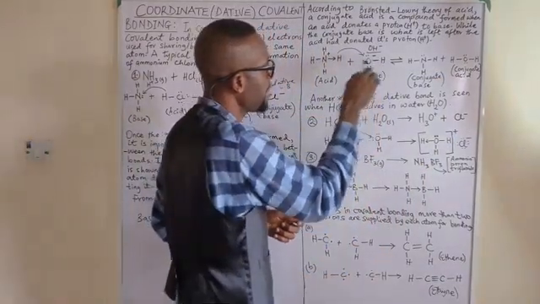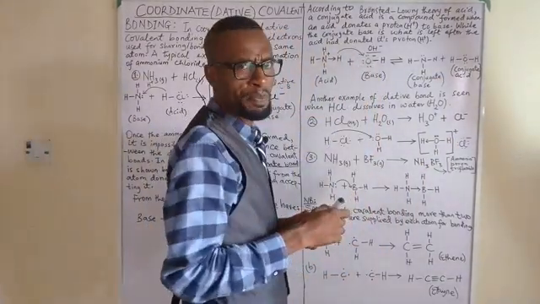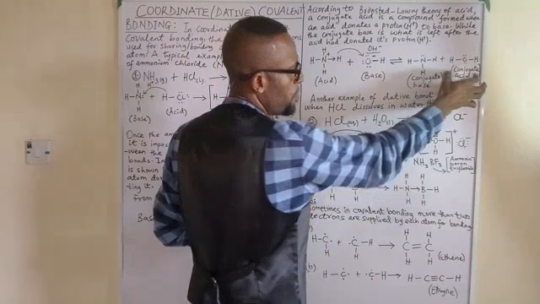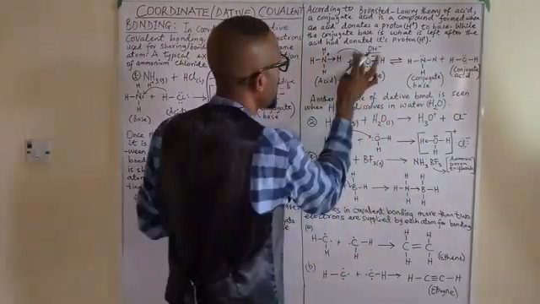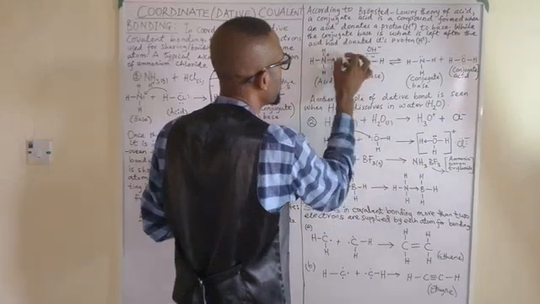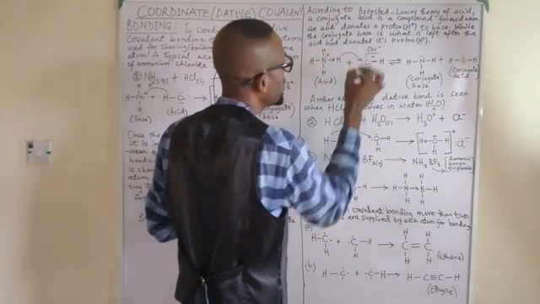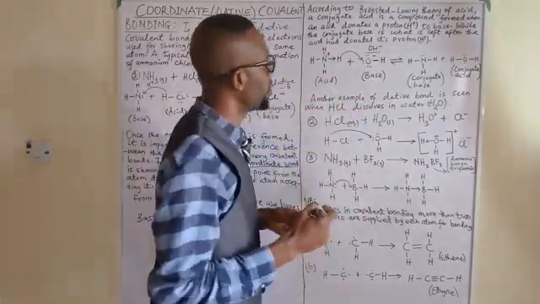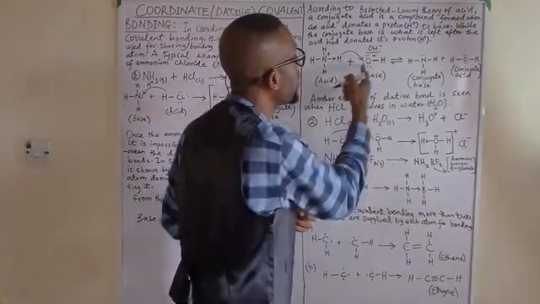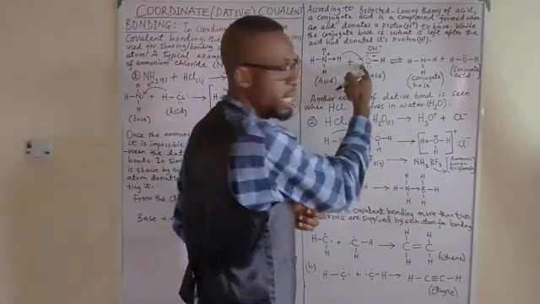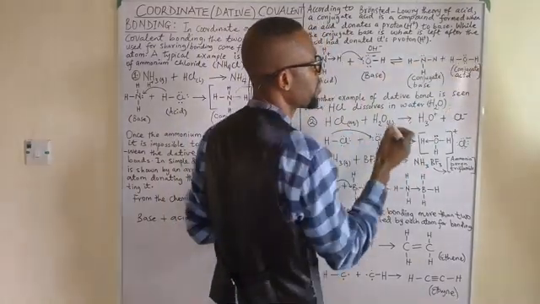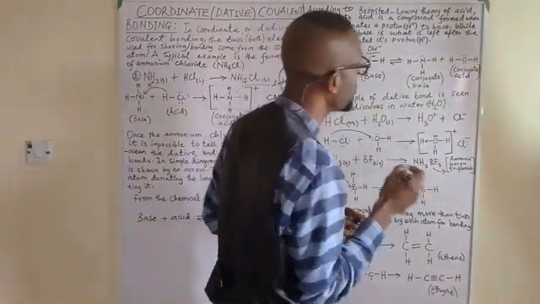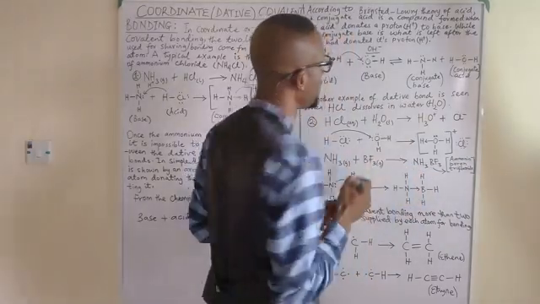So hydroxide ion plus one more hydrogen makes a water molecule, because this hydrogen now makes a covalent bond here. And it is important you understand it: the oxygen supplies the 2 electrons.